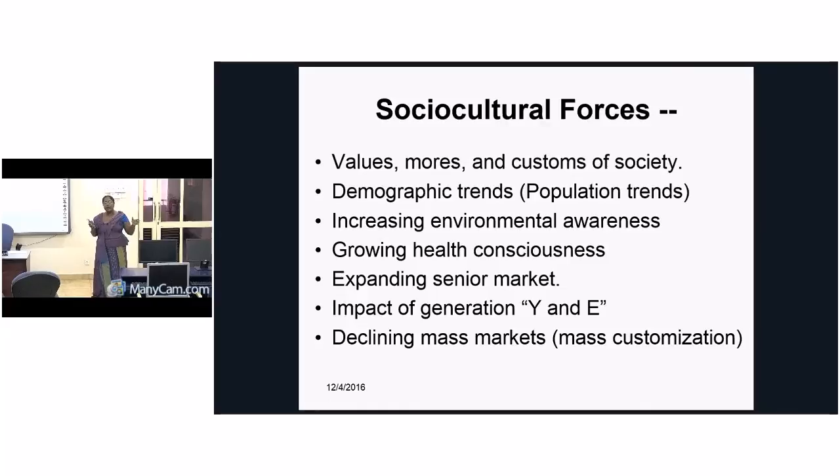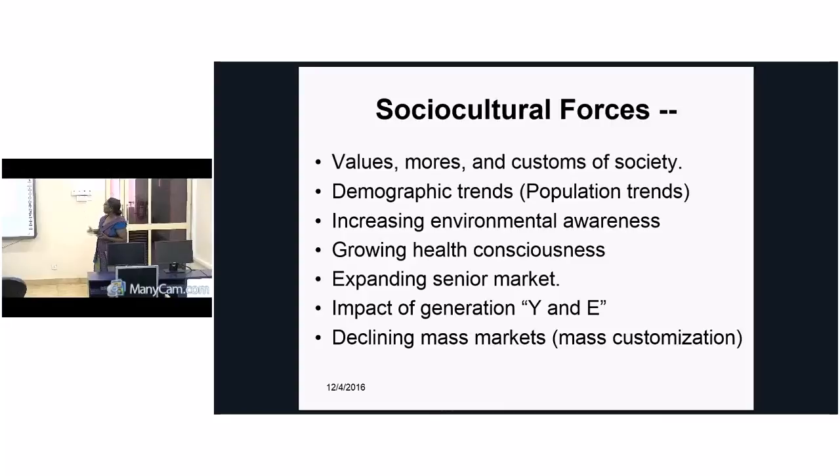Each one's requirement is different for a particular product. So the producers have to have a range of products customized according to each and every customer. That is called mass customization. So these trends are taking place in the societal environment as socio-cultural forces.